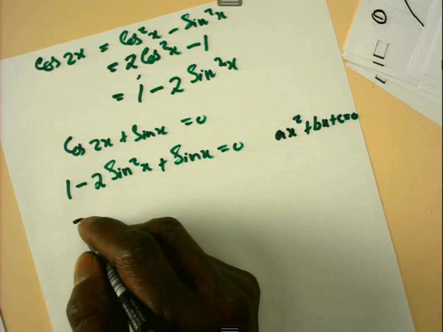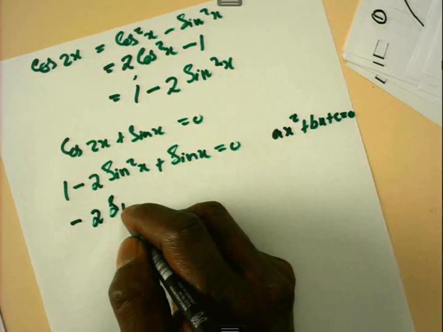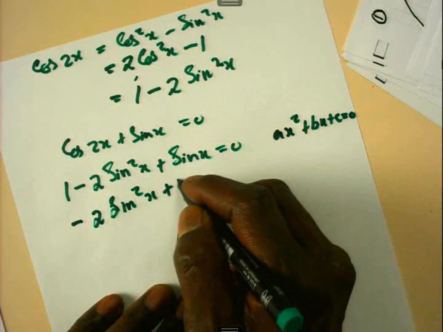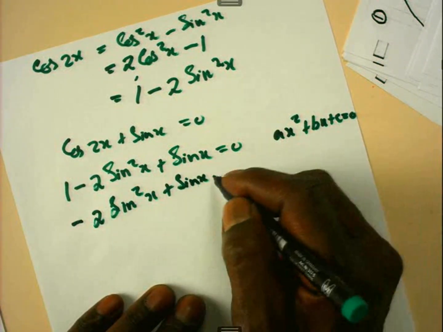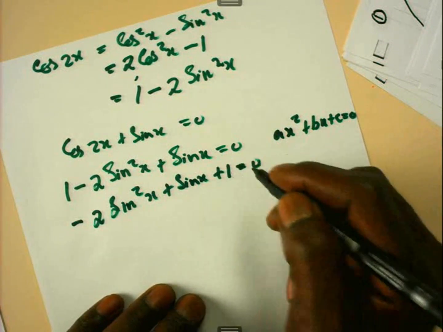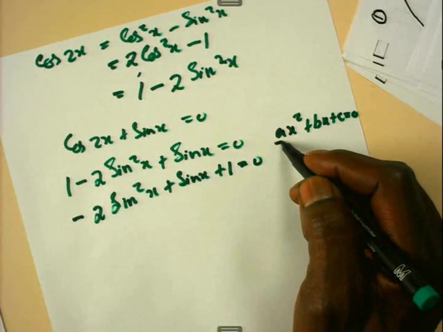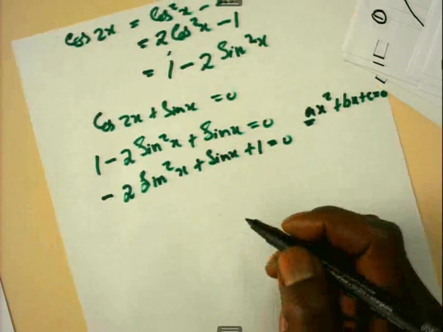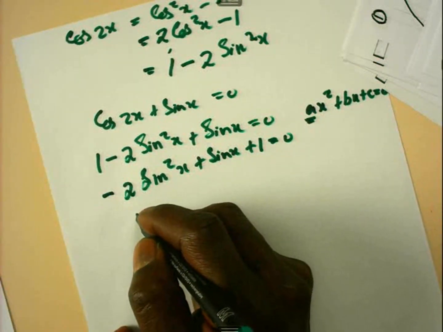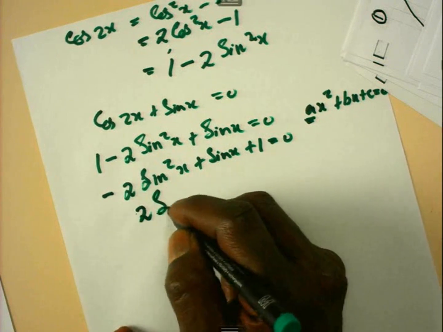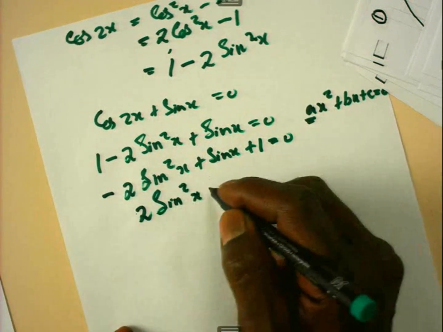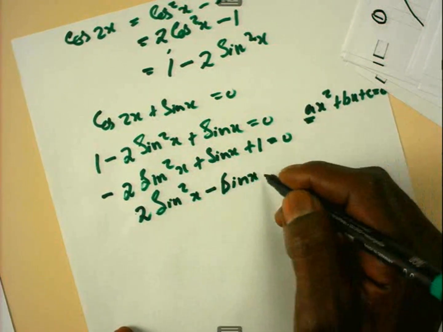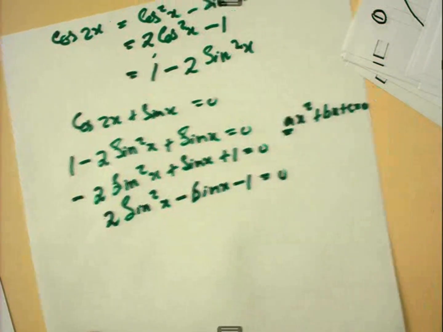Now I'll be having minus 2 sine squared x plus sine x plus 1 is equal to 0. You see, I don't like the value of a as negative, so I'll have to multiply throughout by negative 1. So I'll have 2 sine squared x minus sine x minus 1 is equal to 0.